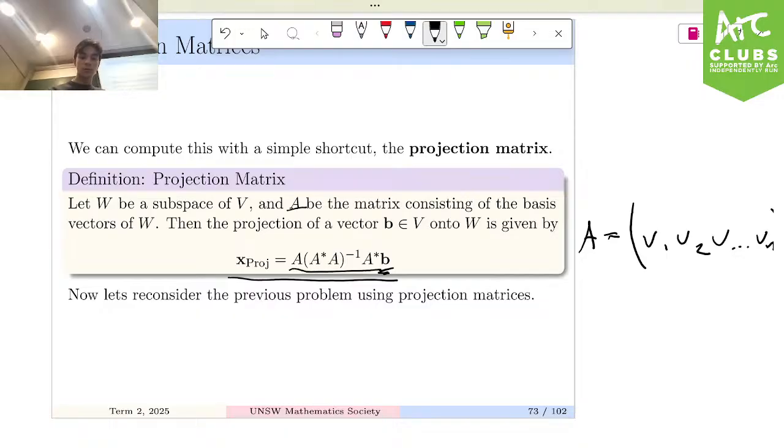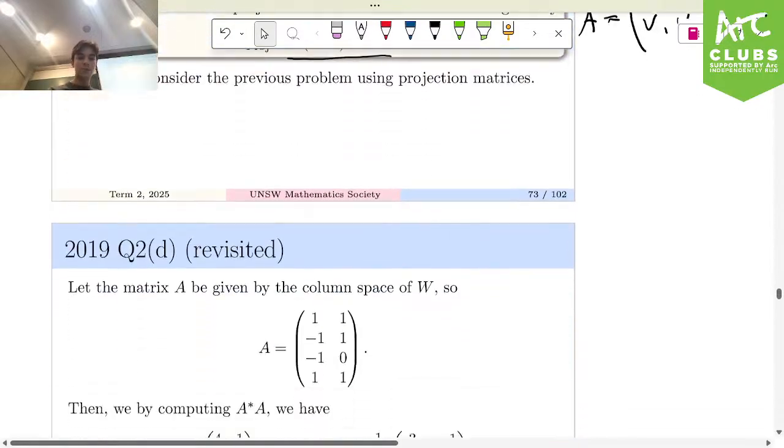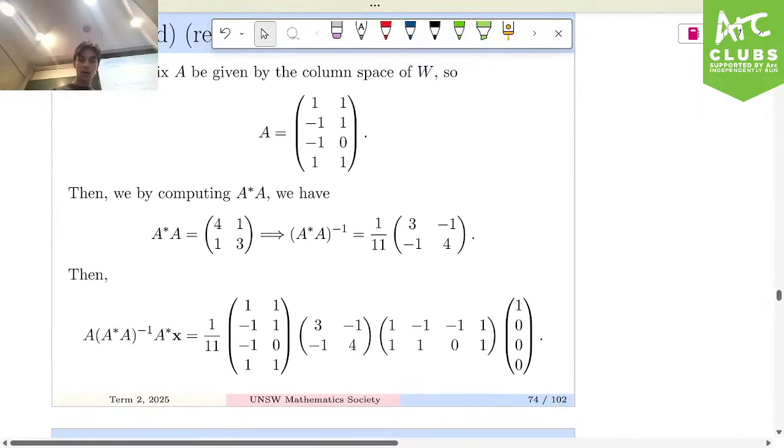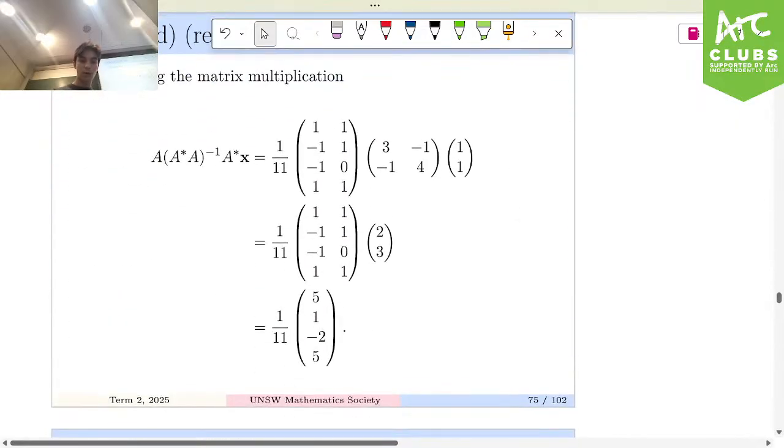You just need to apply this monstrous matrix multiplication on the left. And I'm not going to compute it here, but once you crunch through all of this algebra, you do get the same result at the end.